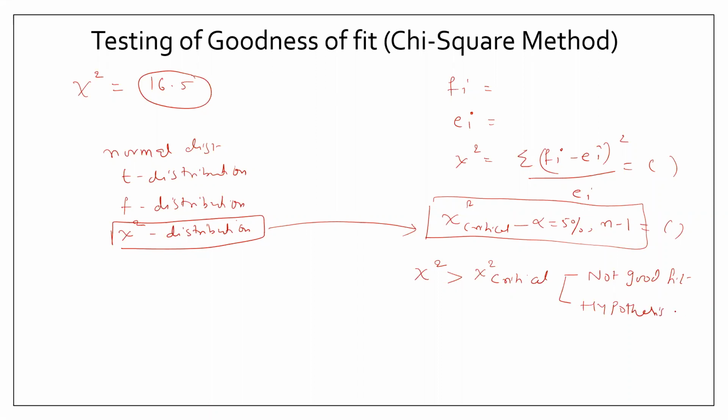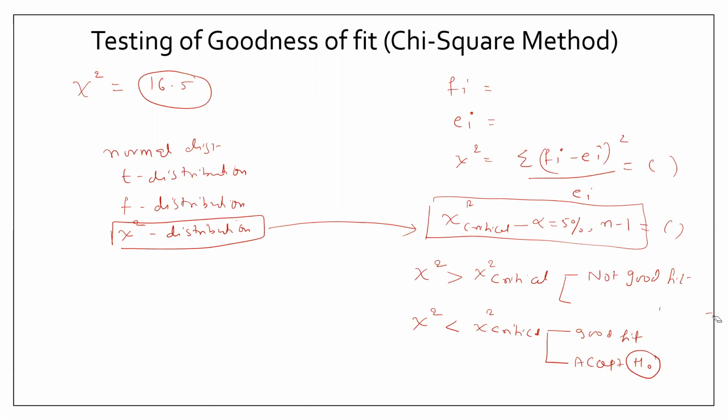Both have the same meaning. Whereas if your chi-square value is less than the chi-square critical value, then you have a good fit, whatever data you are fitting using the given distribution, or we accept the hypothesis. Whenever I say reject hypothesis, it is always the null hypothesis I'm talking about.